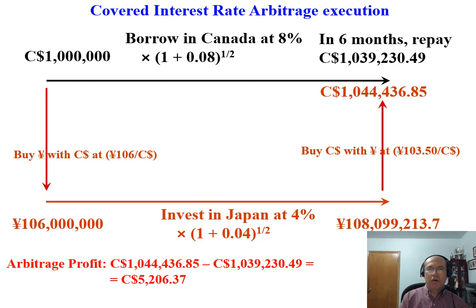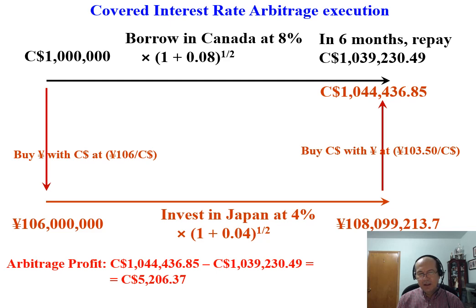So because you borrow in Canada, you will be putting upward pressure on the interest rate in Canada, and vice versa. In Japan, because the trader lends money in Japan, the trader brings Japanese yen, so it increases the number of Japanese yen available for borrowing.